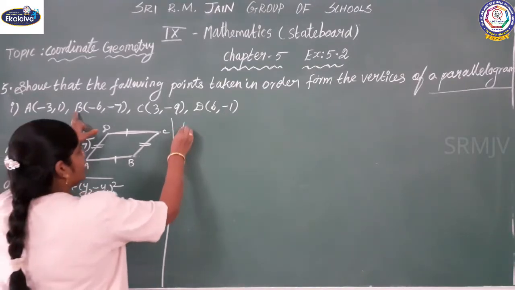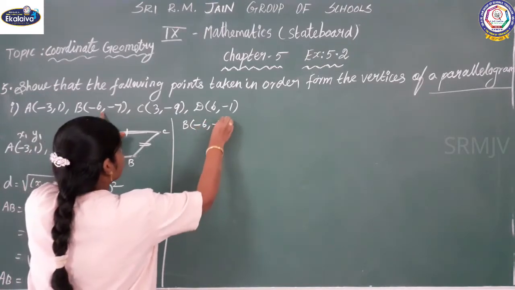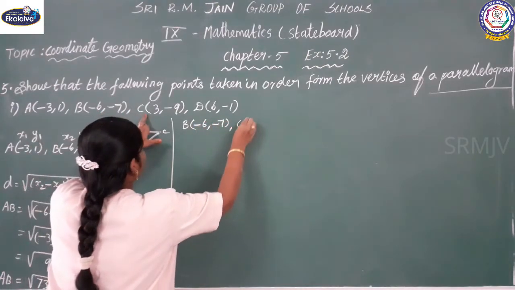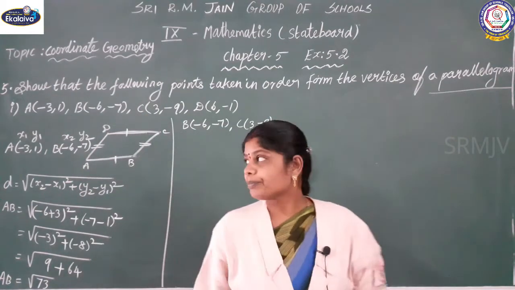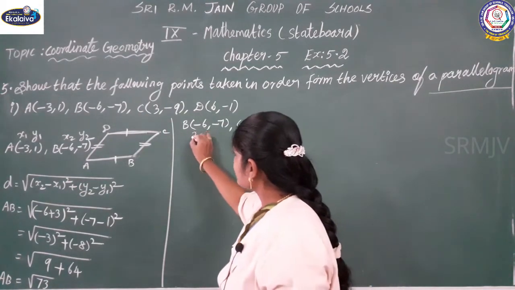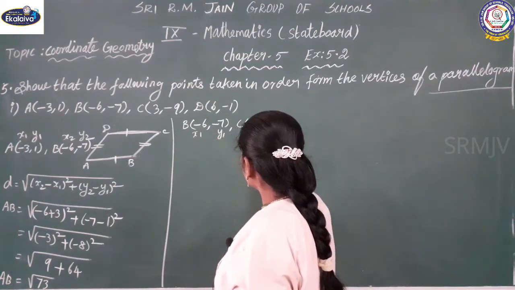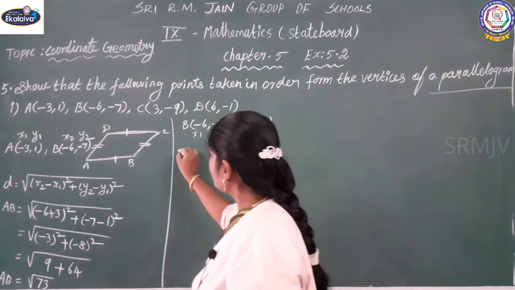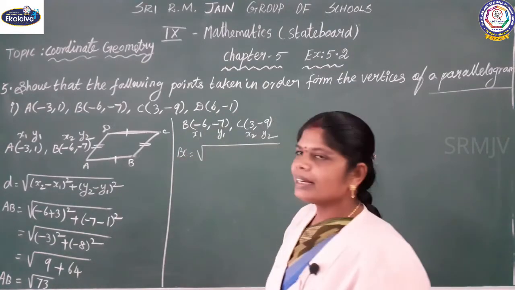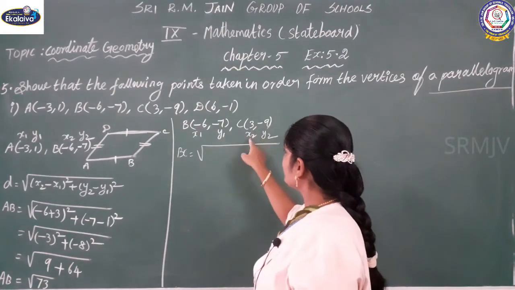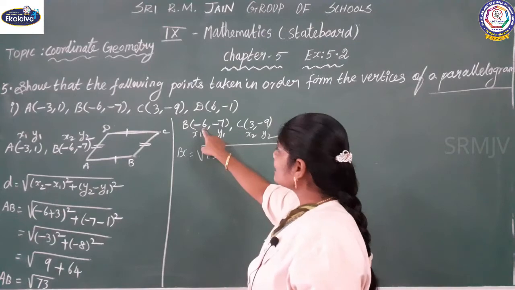Okay. Write the coordinates. B coordinates minus 6 comma minus 7 and C coordinate 3 comma minus 9. Okay. So this is x1, y1, x2, y2. Okay. So BC equal to root of x2 minus x1. Here x2 is 3 minus x1 is minus 6.